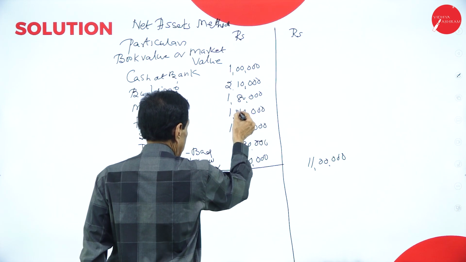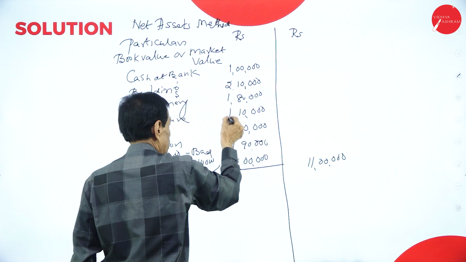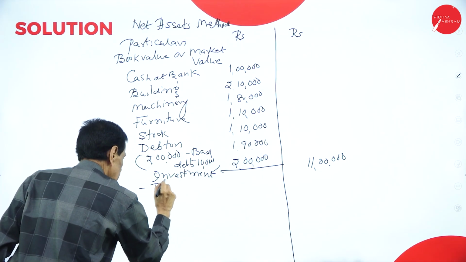One plus 8, 9, 10, 11. 2 plus 1, 3, 5, 6, 7, 8, 9, 11. Minus total liabilities.